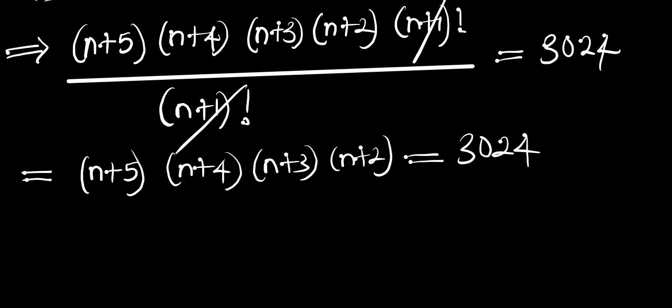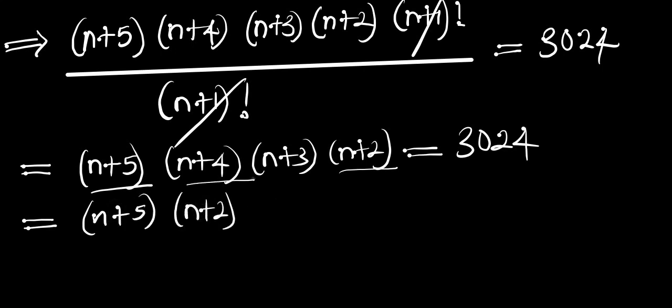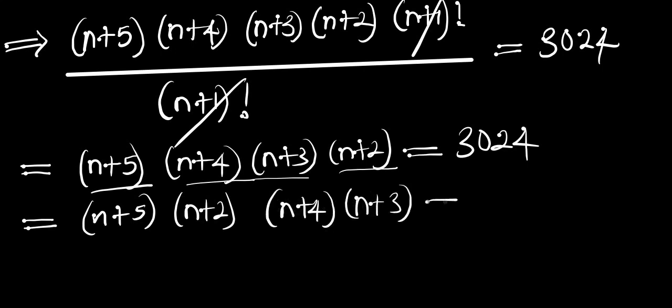The next thing we are going to do is to rearrange this and combine them. So we can easily multiply (n+5) by (n+2). Then we multiply (n+4) times (n+3), and this equals 3024.